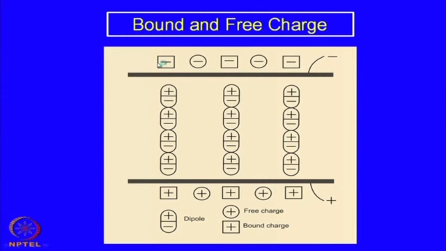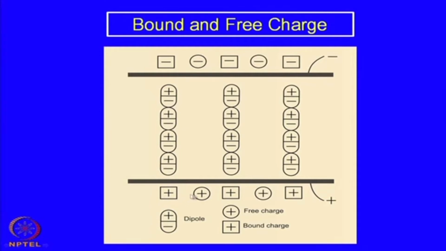So, we have two types of charges, one with a square and another circled. All of these are negative charges, of course. Here also, all of them are positive charges because it is connected to the positive potential.